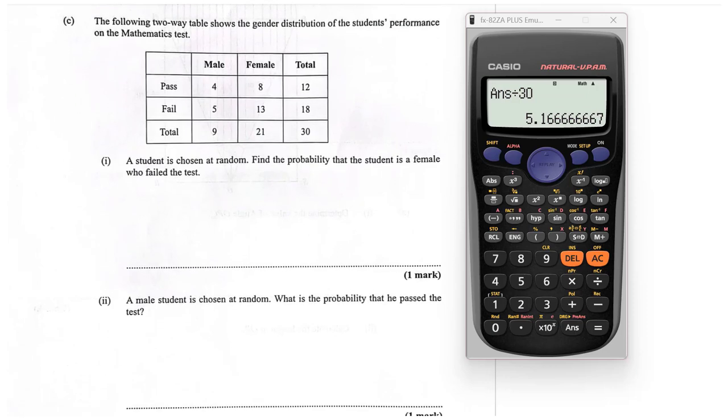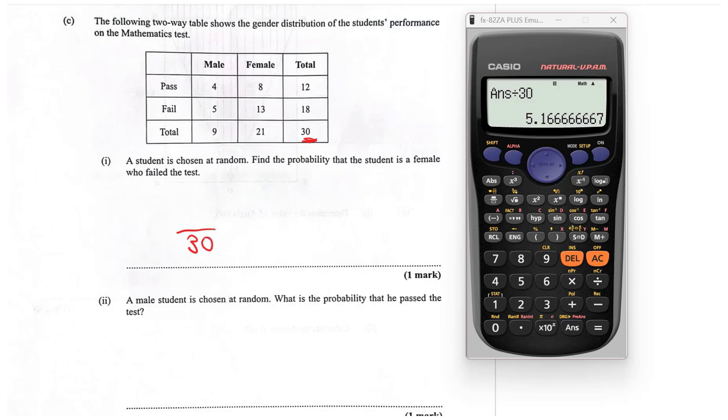Now, part one of the question states, a student is chosen at random. Find the probability that the student is a female who failed the test. Now, the fact that they state that a student is chosen at random, that means we are looking at the total amount of students. So the number in the denominator is going to be 30.